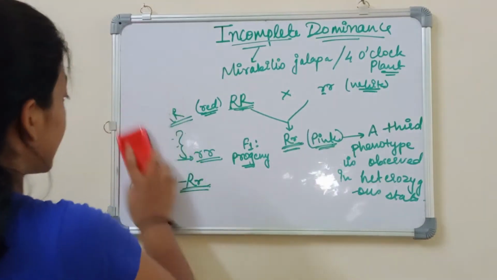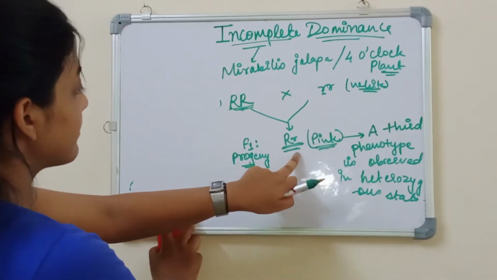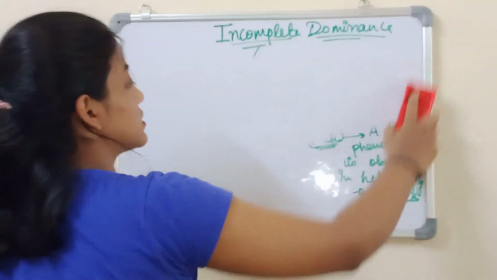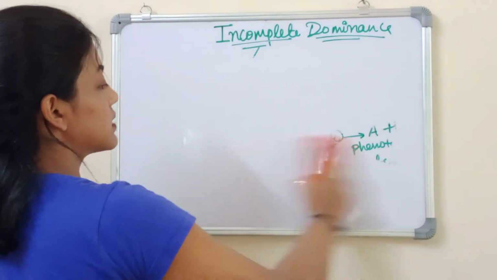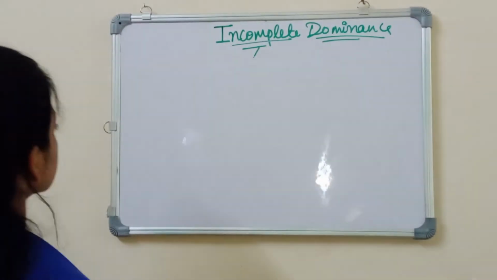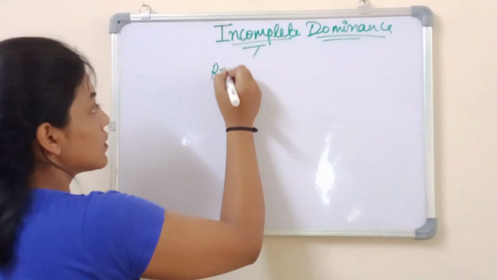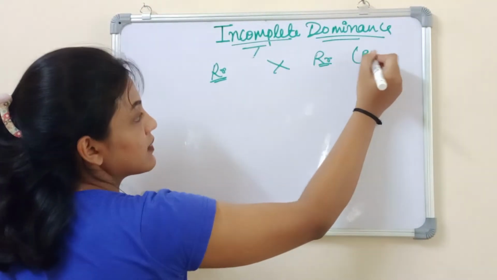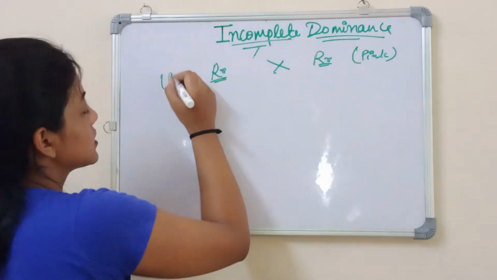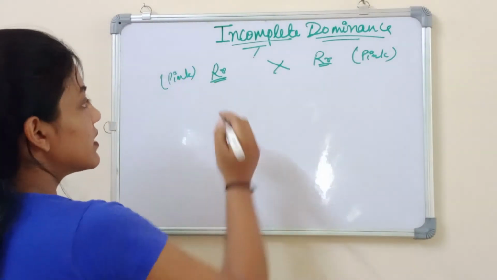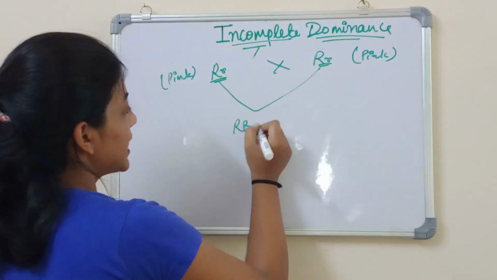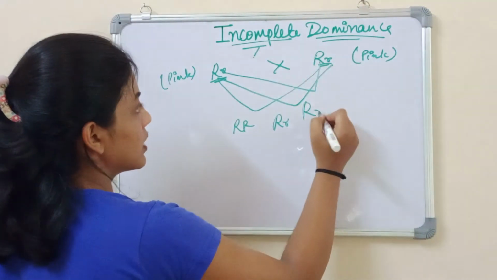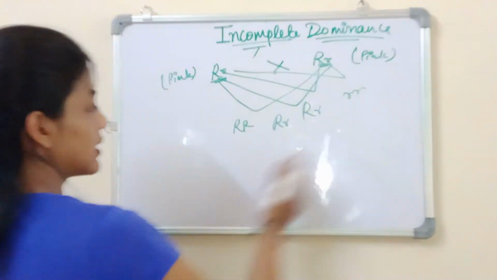Now when this F1 progeny is self-crossed, that was pink, and this is also pink. Now what do we get? RR, Rr, Rr, and rr.